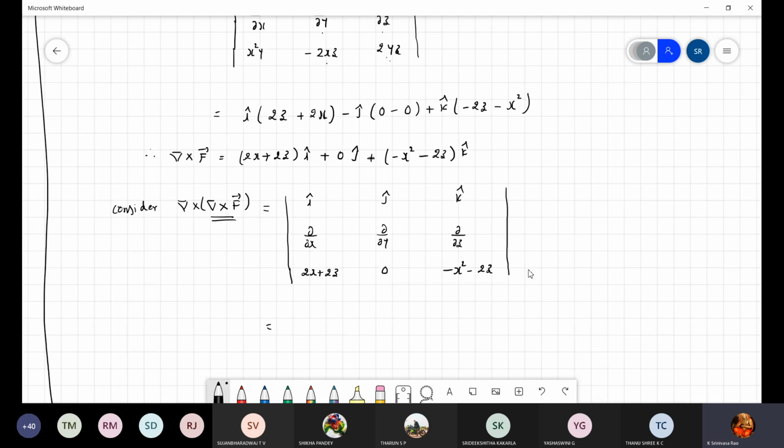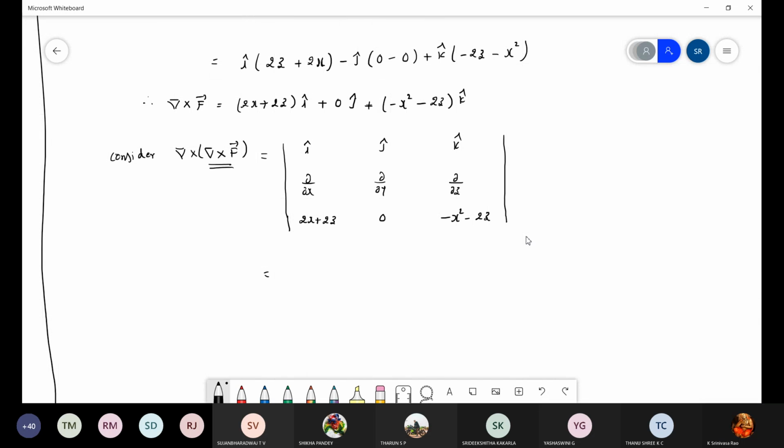Now i cap into: with respect to y there is no y here, therefore it is 0, minus with respect to z also 0, so 0 minus 0.